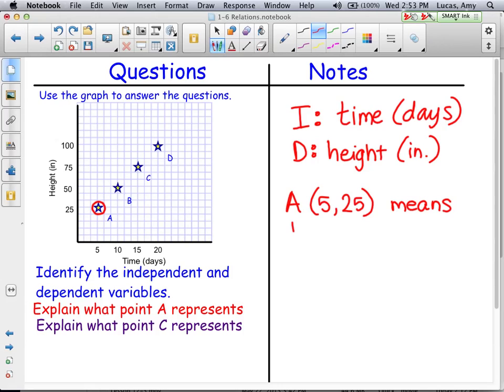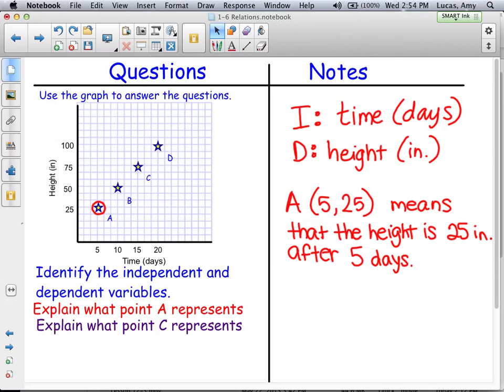So it means that the height is 25 inches after 5 days. So it's very important that you understand what is represented by that point. It's not just 5, 25. 5 what? 25 what? So 25 inches after 5 days.